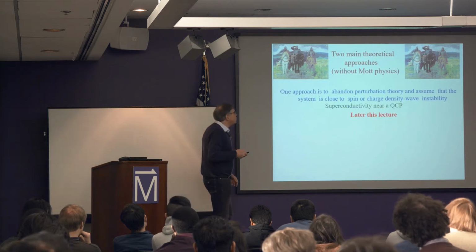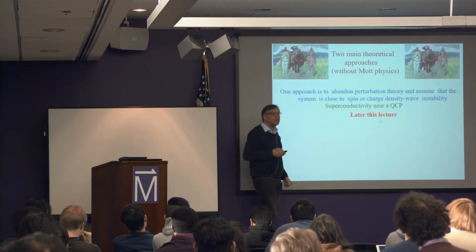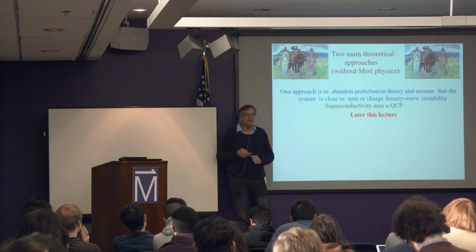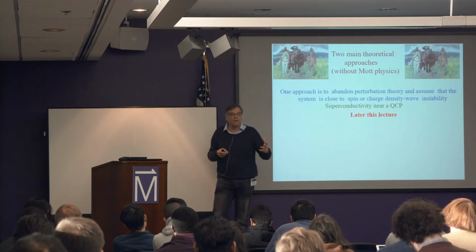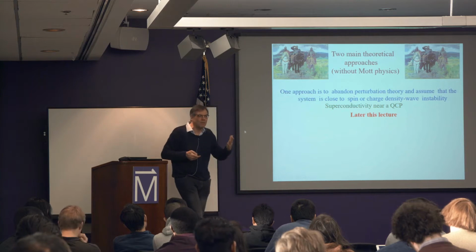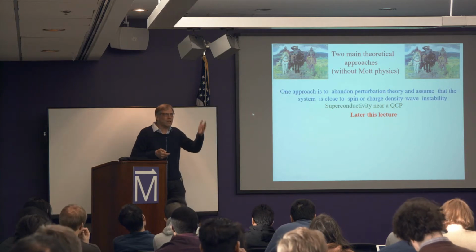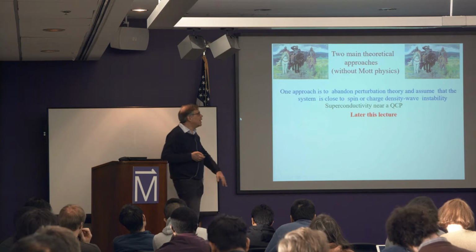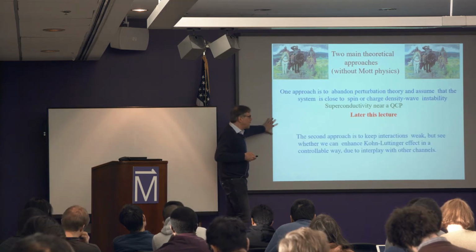Then you can start with phenomenology and consider what happens with superconductivity close to what we call a quantum critical point. The word quantum critical point simply means that the system is close to an instability at 0 temperature. This will be the second part of this lecture.